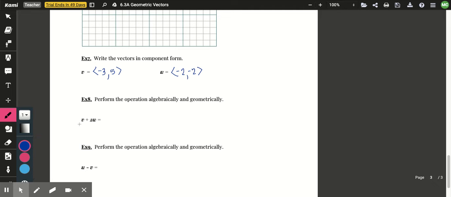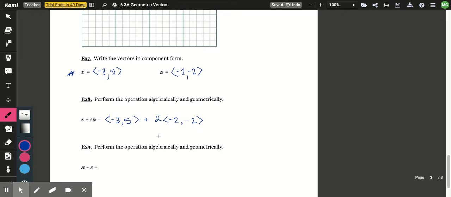If I just gave you this information here and I said v is these crazy looking brackets, -3, 5, and w is these crazy looking brackets, -2, -2, and I wanted you to add v plus 2w, and I hadn't told you any of this stuff already, well, you'd probably start off just substituting them in. So you'd say -3, 5, and then you'd say plus, and you say, well, that's 2 times, and then substitute in for w, -2, -2.